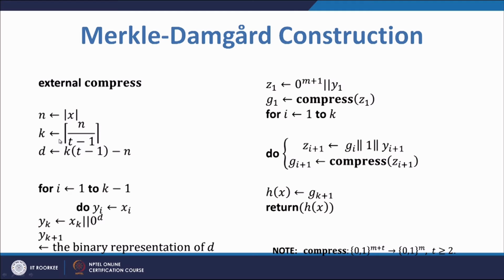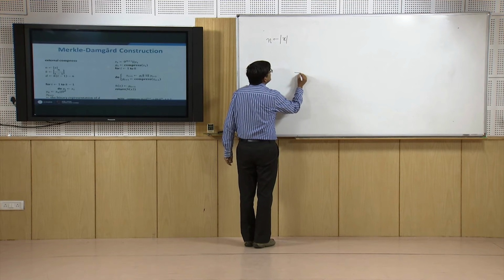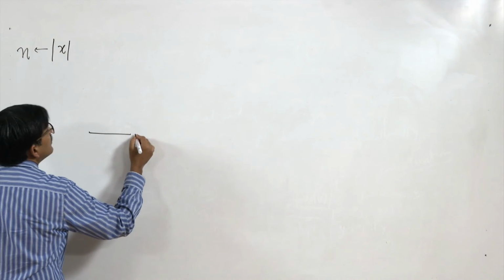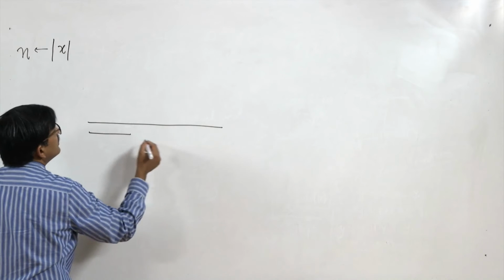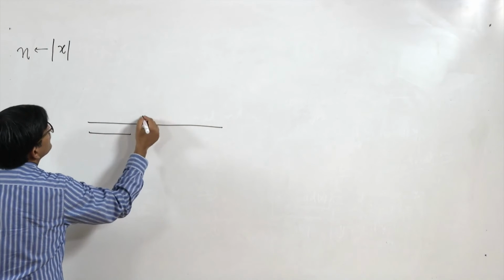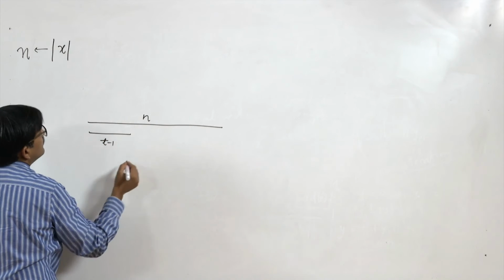So, what we will get is something like this. Suppose length of x is up to this, so let us suppose this is n and this is t minus 1.